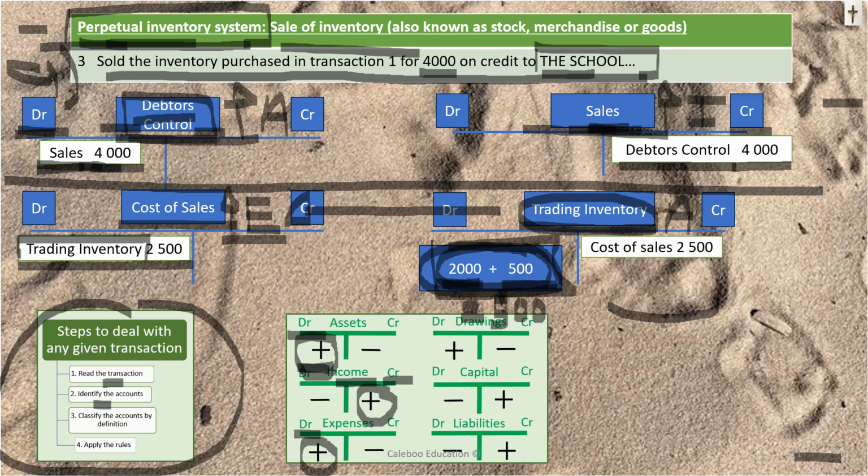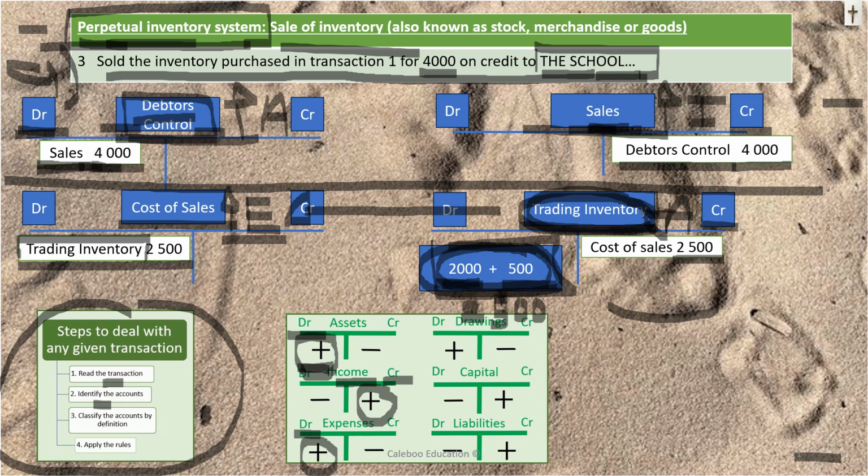And what happened to trading inventory? Trading inventory was credited. A decrease in assets, because this stock was delivered to the school. It has left the premises. We cannot show that this stock is still on our shelves if we were selling a physical product. So trading inventory was credited, a decrease in assets.